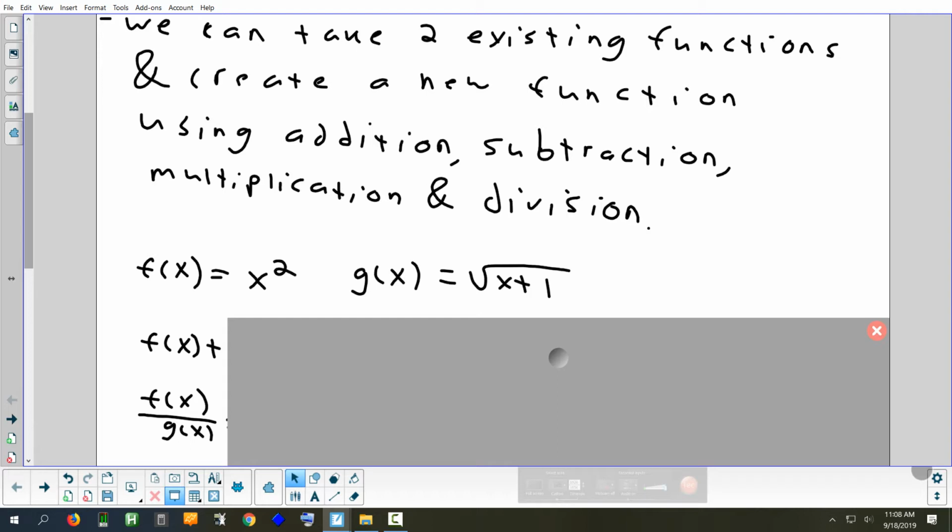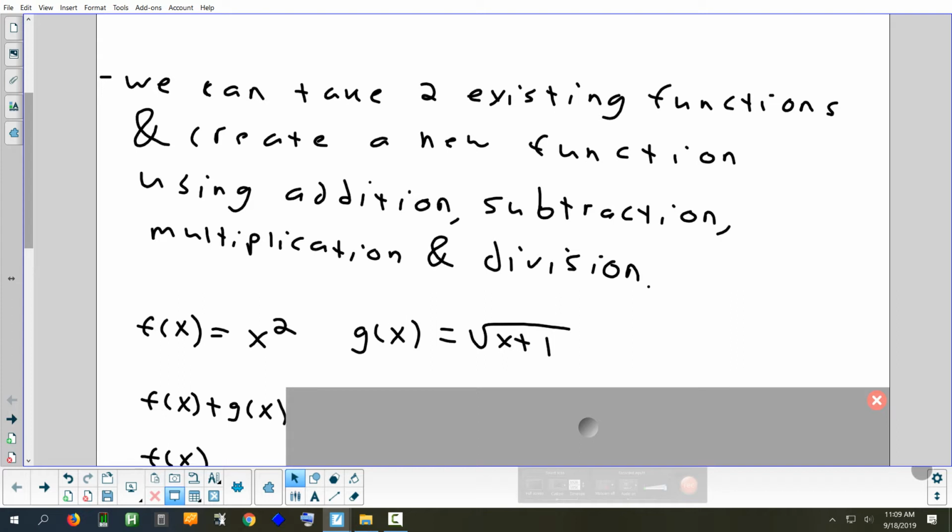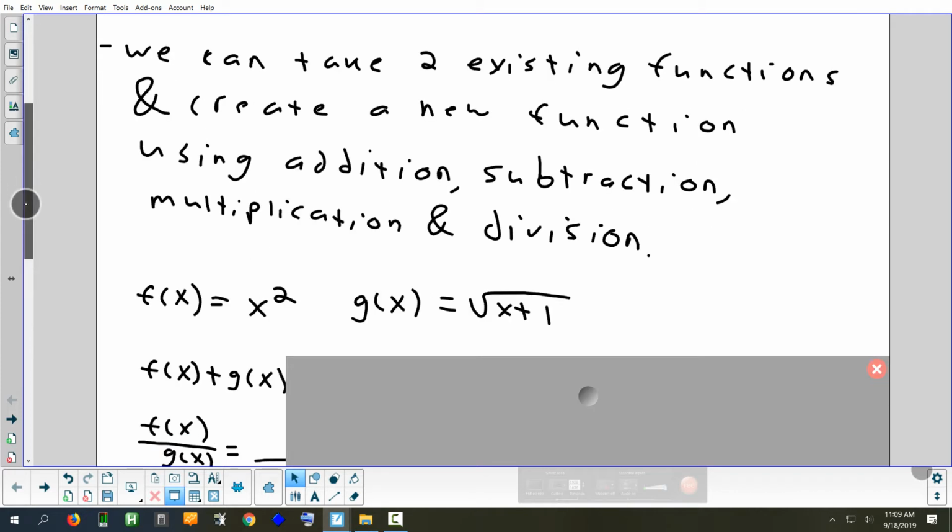Now, the first new function that I create is going to be f of x plus g of x. Now, first of all, are those two functions like terms? What do you think?